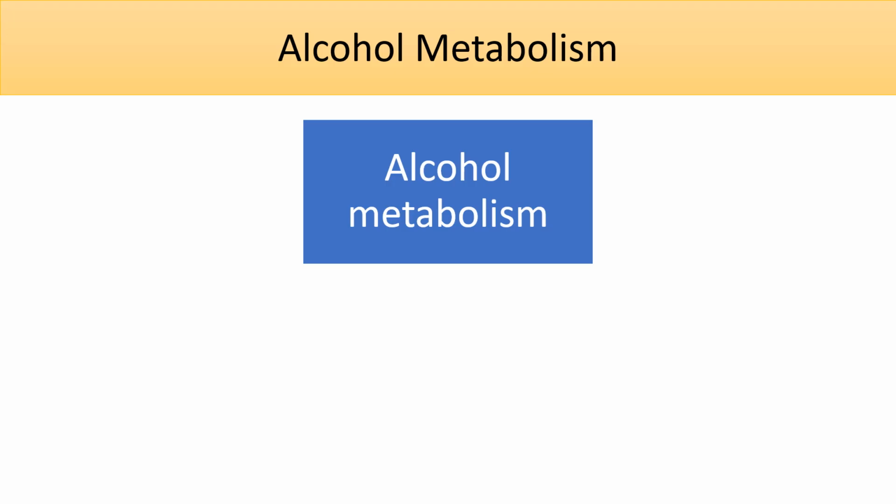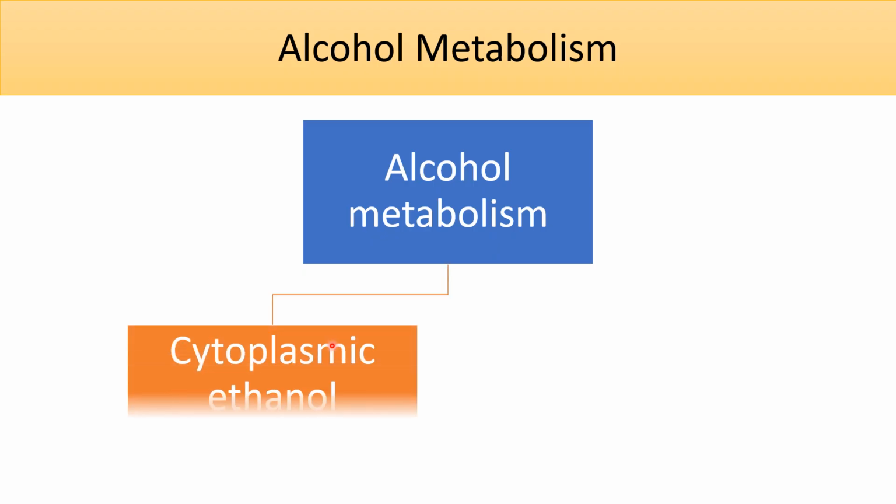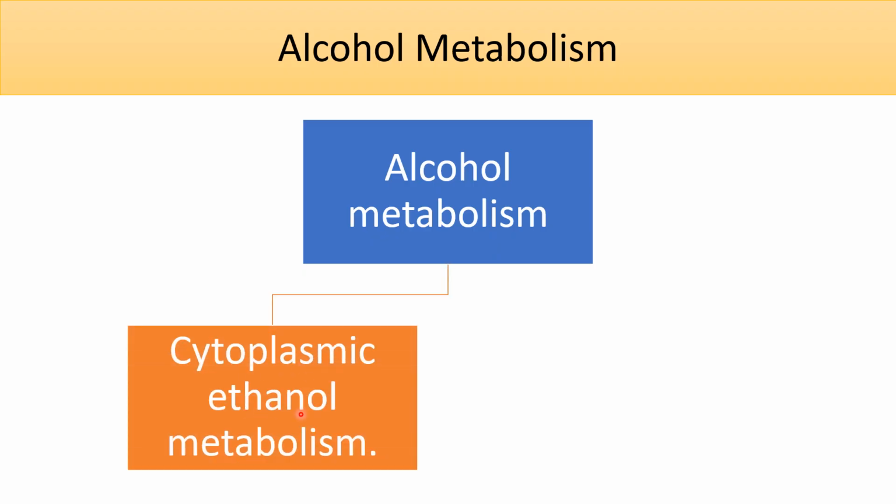So when a person consumes a moderate concentration of alcohol, all this alcohol which is transported to liver will be metabolized in the cytoplasm. This is called cytoplasmic ethanol metabolism.